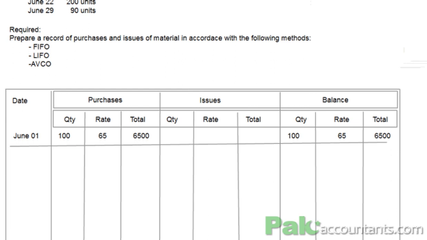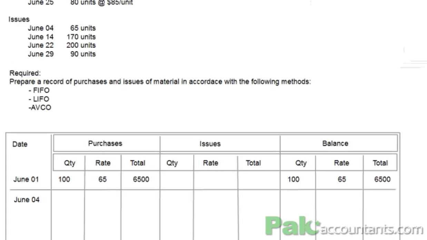Alright, so here we have one line. Let me just straighten it up a bit. Okay, moving on to the next date, which is June 4th. And this is the date when we issued the first number of units, which is 65.